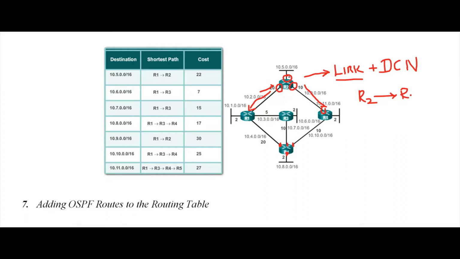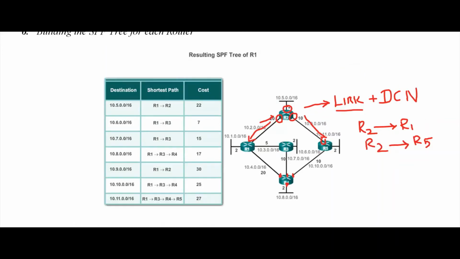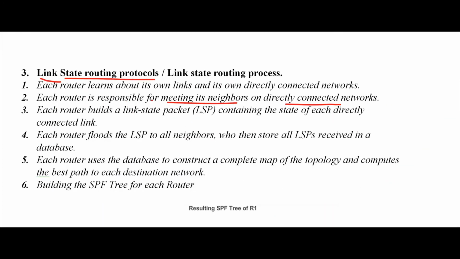The neighbors are R1, and from R2 to R5. So these are the two neighbors, and R2 is going to communicate with them. This is step number 2: each router is responsible for meeting its neighbors on directly connected networks.